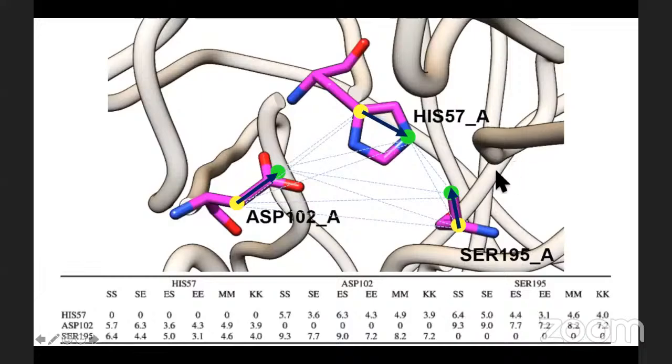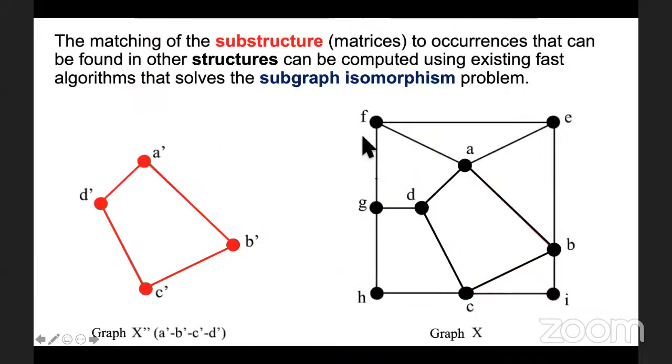And then this matrix we can use to find other similar matrices by solving a subgraph isomorphism problem. So the substructure, which we represent as a matrix, we can then search for in a larger structure, maybe a protein structure, using subgraph isomorphism algorithms.